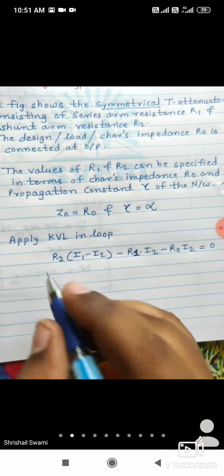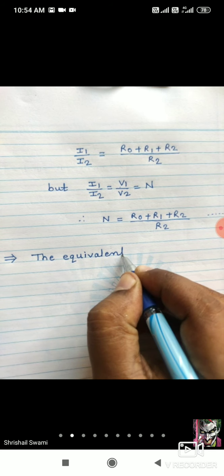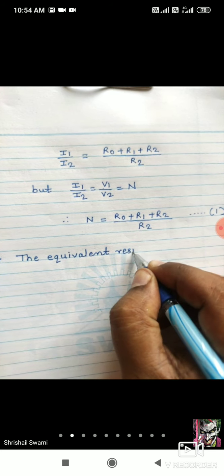Now next point, you have to measure the equivalent impedance, that is R0. The equivalent resistance R0, or you can also call it the characteristic impedance, is given by, so R0 is equal to, so consider the diagram, how the resistors are connected.